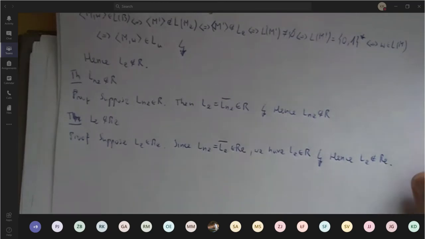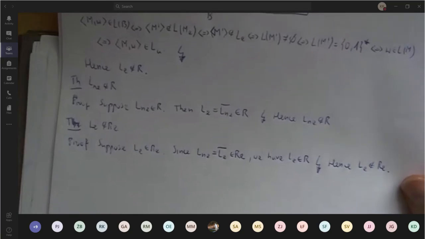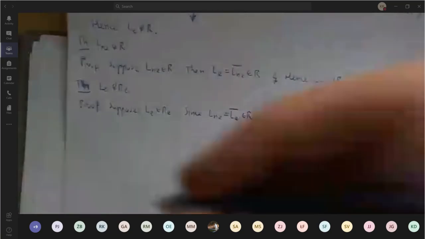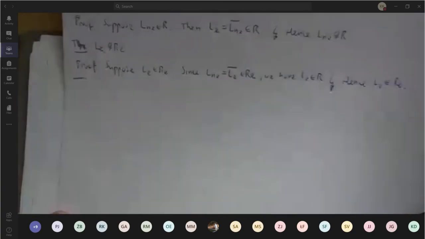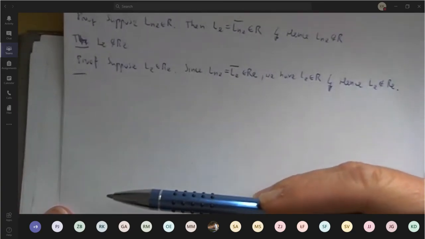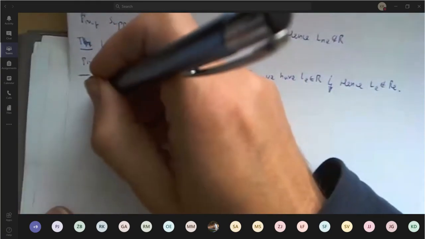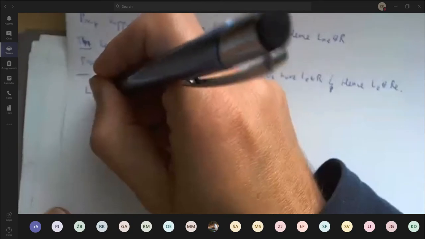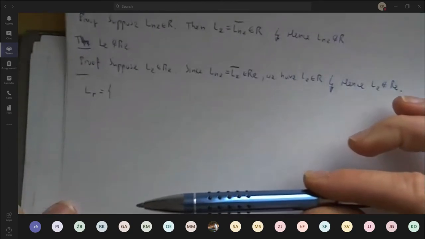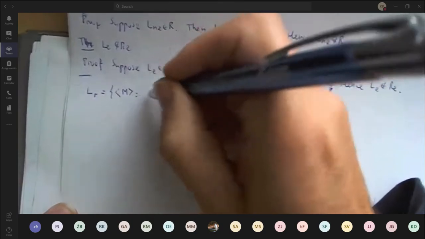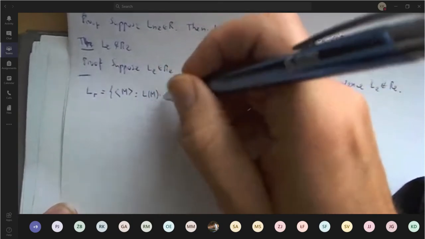So the last pair of languages. The first one is LR, and it is the set of codes of Turing machines such that the language of this Turing machine is recursive.